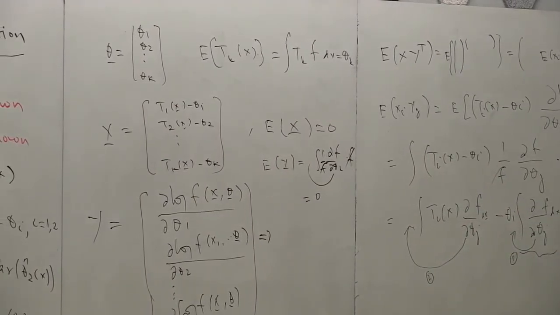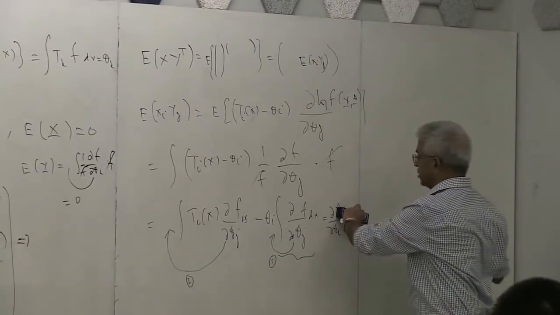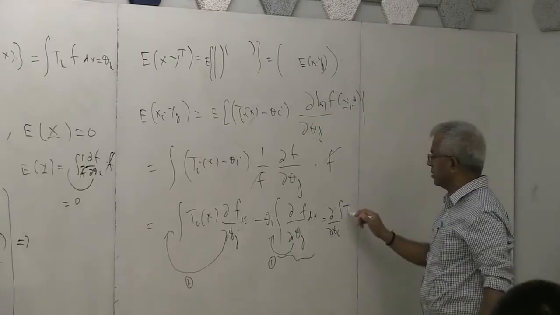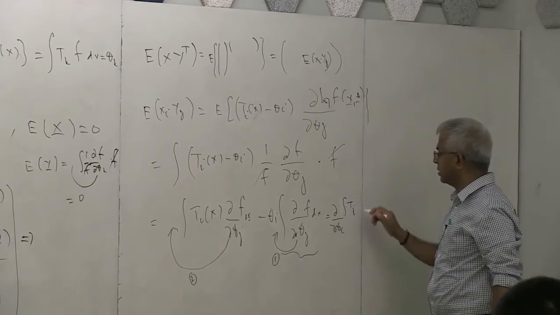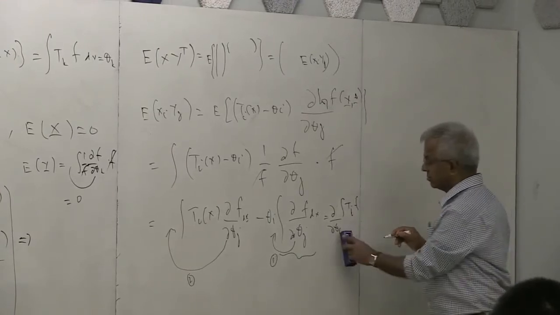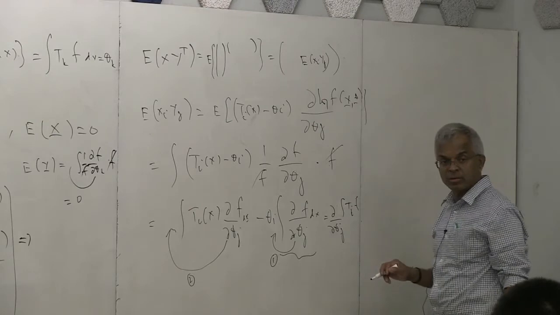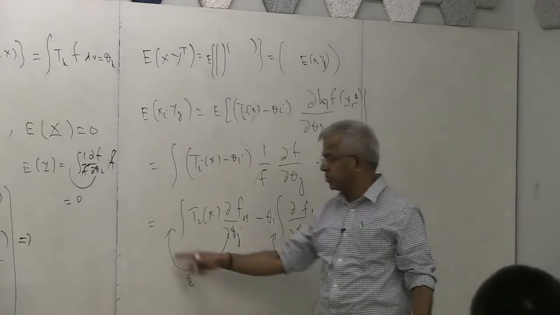So this is d by d theta_j of theta_i, right? Because the integral will turn out to be integral theta_i f. That's going to be theta_i, right? Derivative is with respect to theta_j. Hello? Derivative is with respect to theta_j.